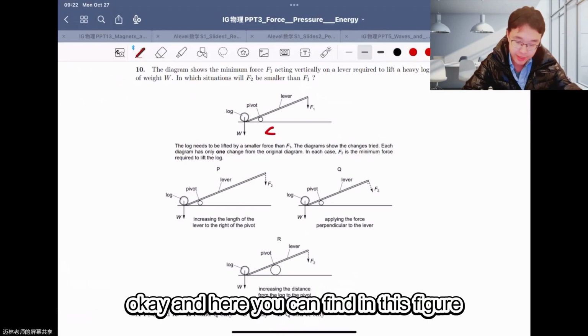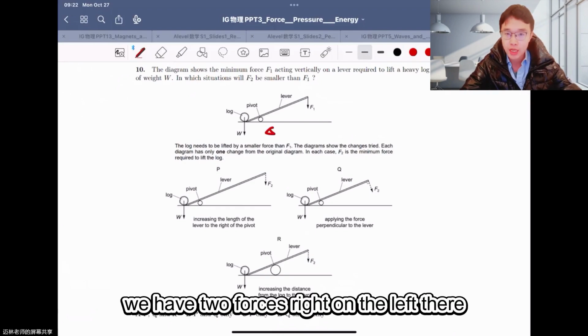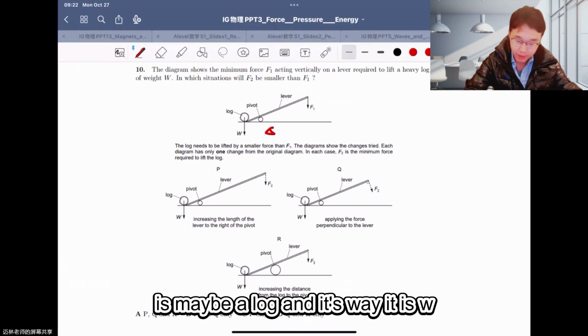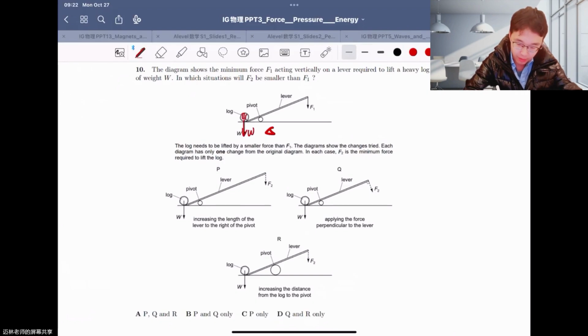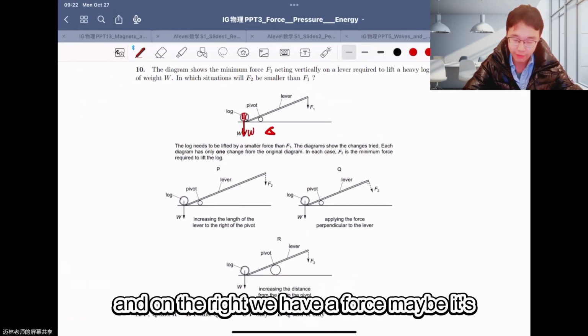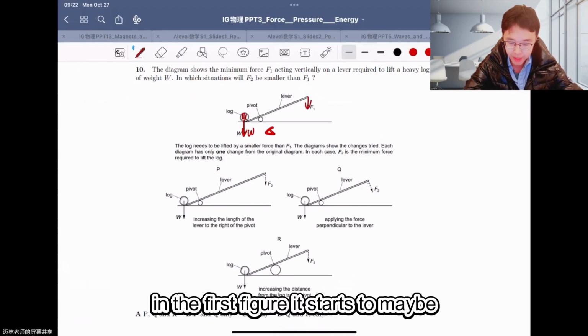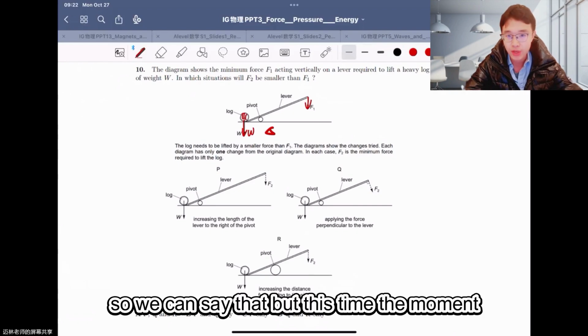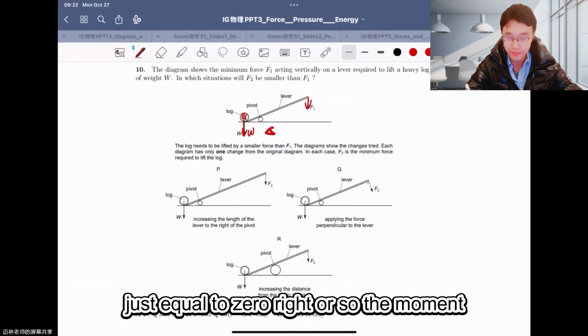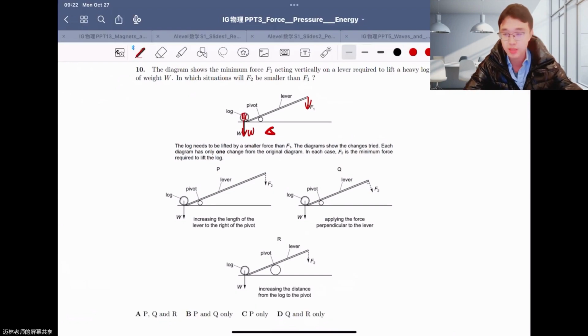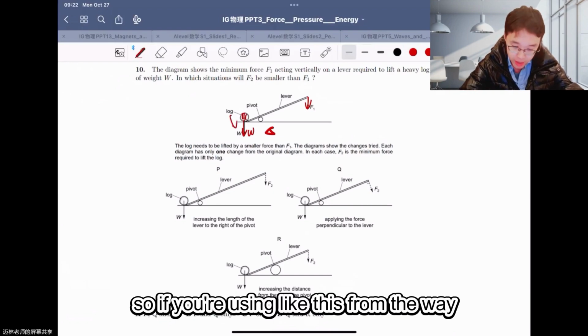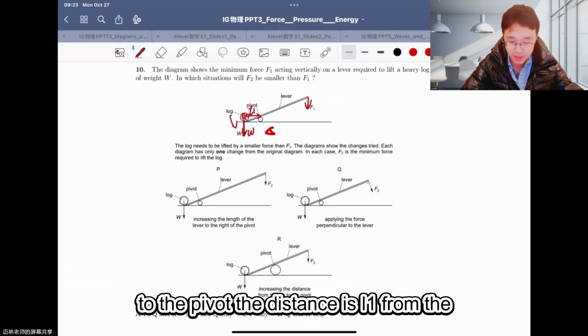Here you can find in this figure, we have two forces, right? On the left, there is maybe a log and its weight is W. And on the right, we have a force, maybe applied by a human. It is F1. In the first figure, it starts to just lift the heavy log, so we can say that at this time the total moment equals zero, and it stays in an equilibrium state. From the log to the pivot, the distance is L1.